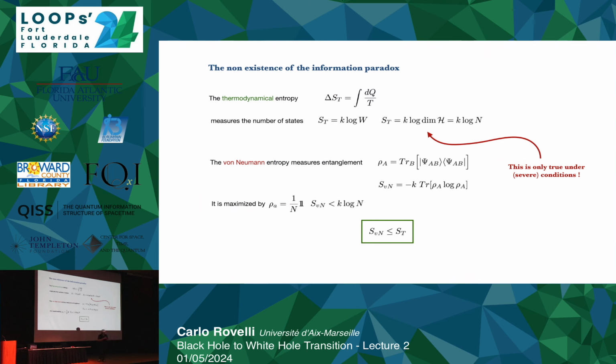So why am I disregarding this argument by Page? The argument by Page is very convincing, because if you think of a fireplace, that's exactly what Page had in mind. A fireplace burns, emits thermal radiation, then it cools down, it goes to cold. When it's cold, there's only one state. So there's no way the radiation emitted could be correlated with something in the fireplace because it is just in one state.